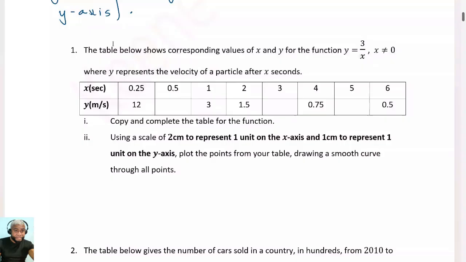X is not equal to 0. So, y represents the velocity of a particle after x seconds, right? So they are just relating it to real life, right? So x would be the seconds. So this is 0.25 seconds, 0.5 seconds, right? 1 second, 2 seconds, 3 seconds going up the road.